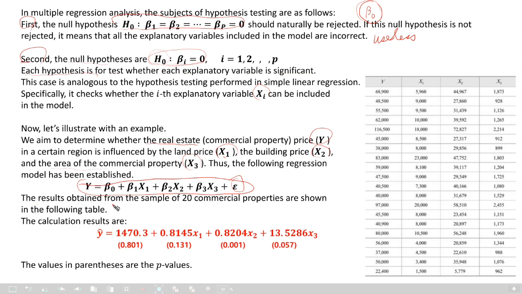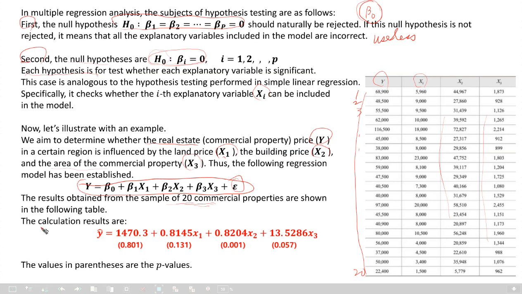The result obtained from a sample of 20 commercial properties is shown in the table. This one is the value of y, 20 values of x1, x2, x3. Sample 1, sample 2, sample 3 up to sample 20, right?